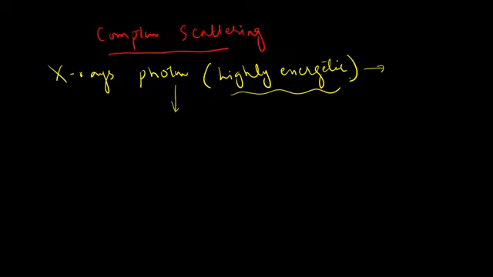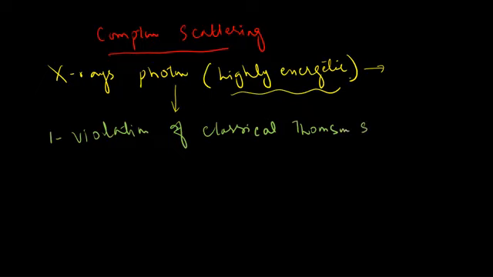Here a few things happen when the X-ray photon knocks out the electron from the atom. The first thing that happens is the violation of classical Thomson scattering.